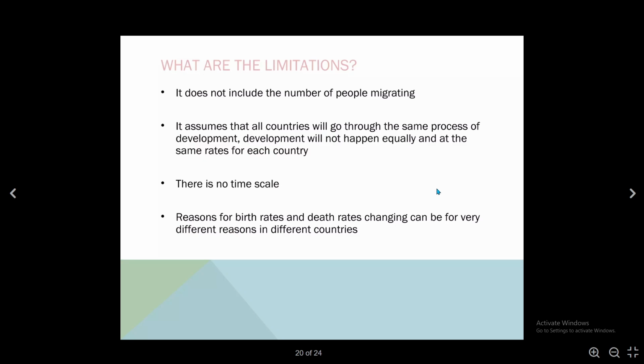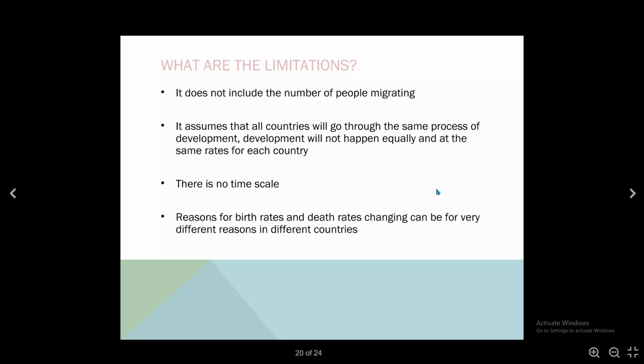It assumes that all countries will go through the same process of development, and development will not happen equally and at the same rates for each country. There is no time scale, and the reasons for birth and death rates changing can be for very different reasons in different countries. So for instance, Ukraine is a country that is currently showing stage 5 development characteristics. Their population is decreasing.